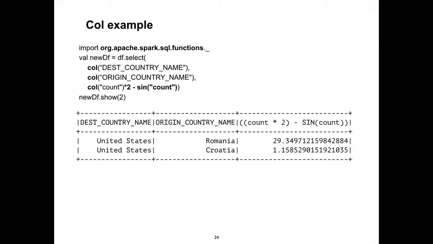So it's col, and then it's column up 1 by 2 minus sign, and then again it's this weird thing that's going on, right? Because now the argument to sign is a column name, right? And what this means is, for each row in that column, perform this operation, and then create a new column with the result.